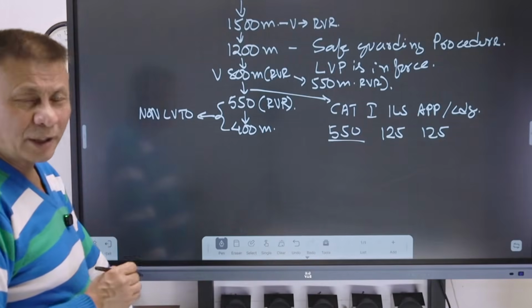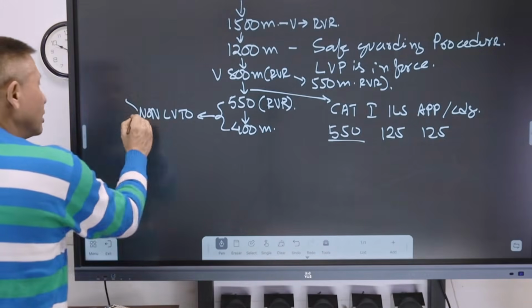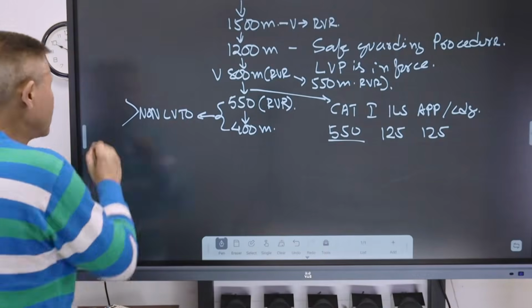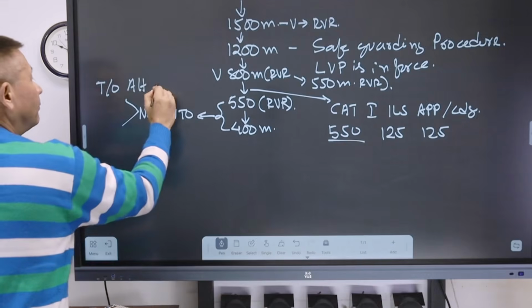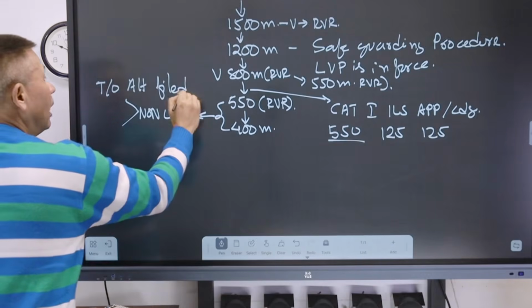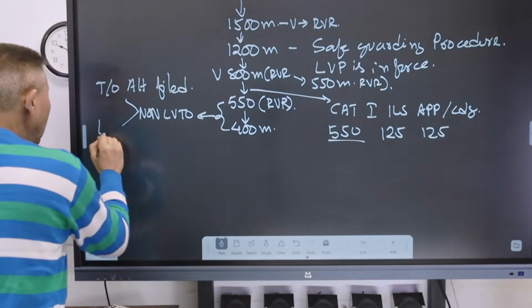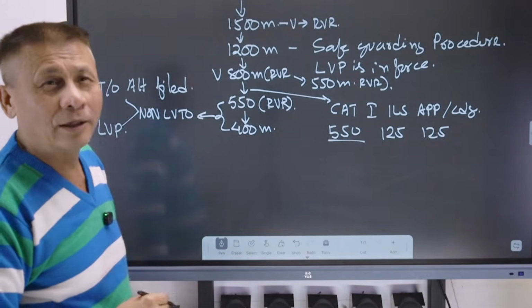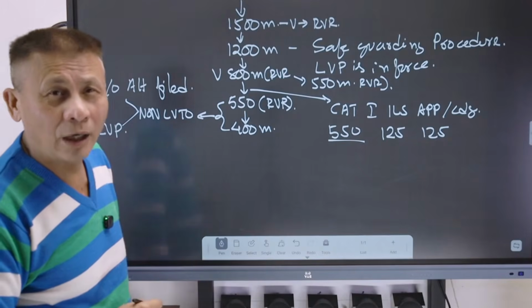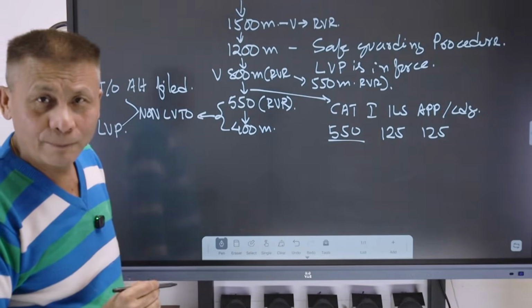That is non-low visibility takeoff, provided you satisfy two conditions. The first condition is the takeoff alternate filed, and the second is LVP is in force. If the LVP is not in force, then you cannot carry out a non-LVTO.